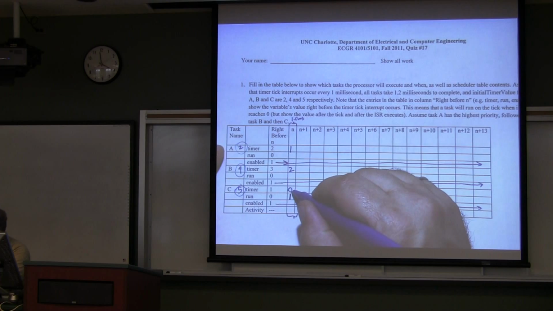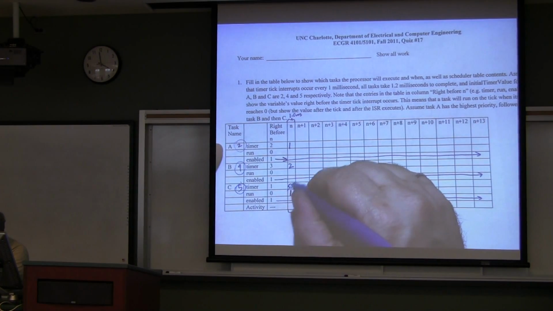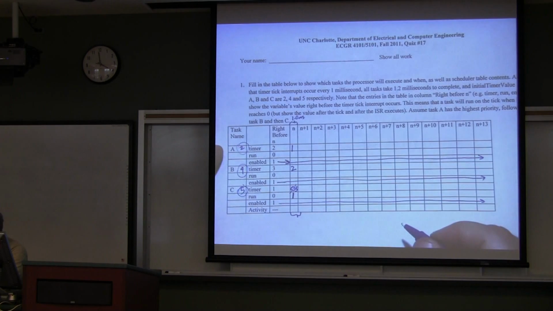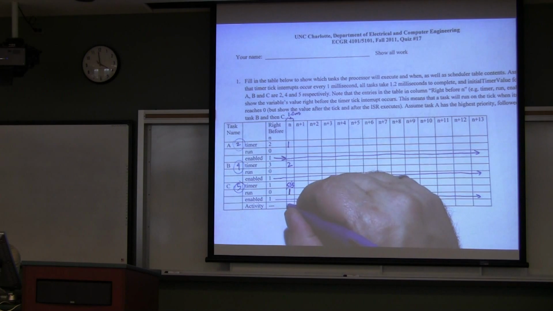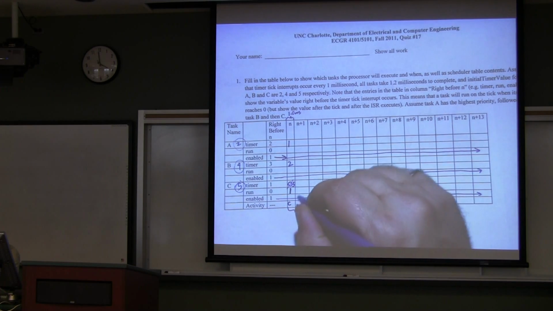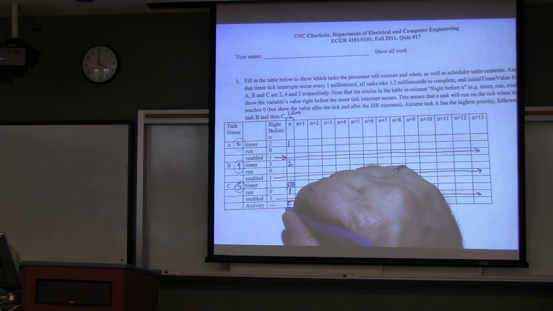Are we going to keep 0 in this location? No, it'll go to 5. And what activity will go on? Obviously we're going to run C during this time, and C will take this amount of time right here.